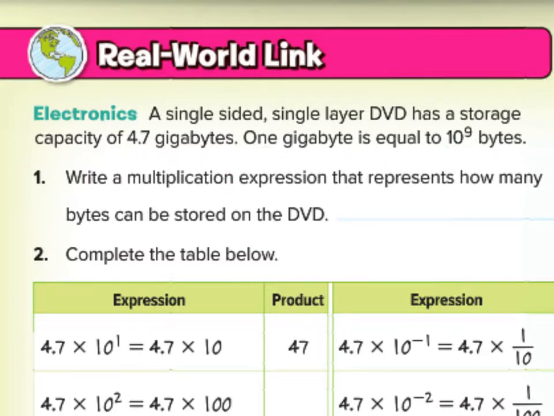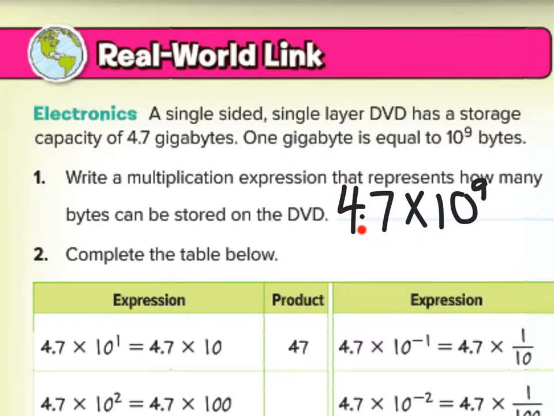So really, we could say that 4.7 times 10 to the 9th power would represent the number of bytes on a DVD, right? Because they're saying that that's how much space there is, and each one has this much.